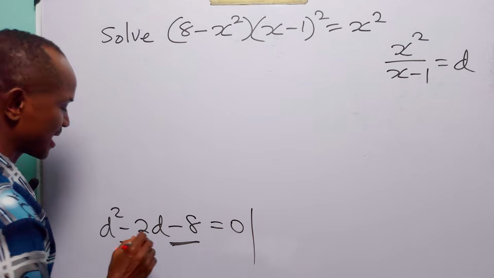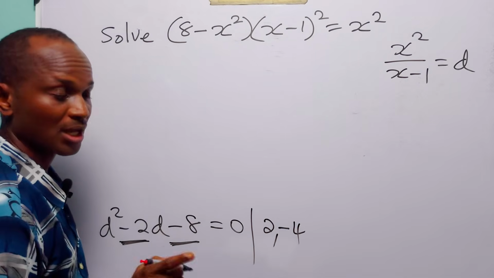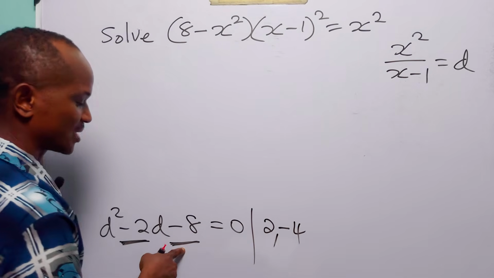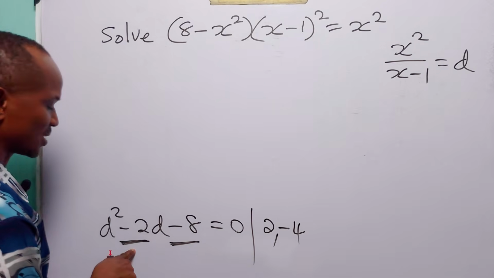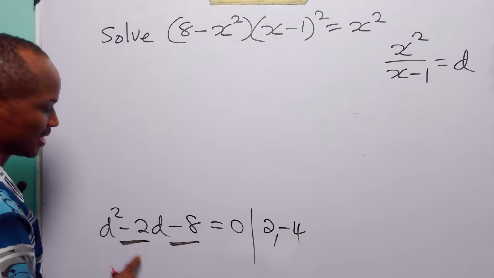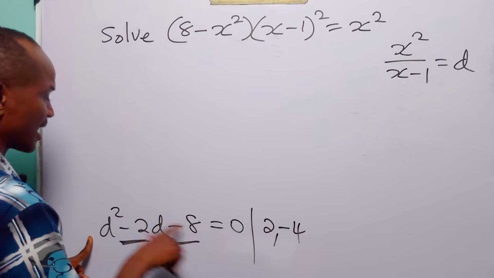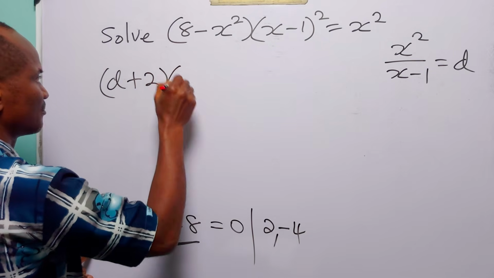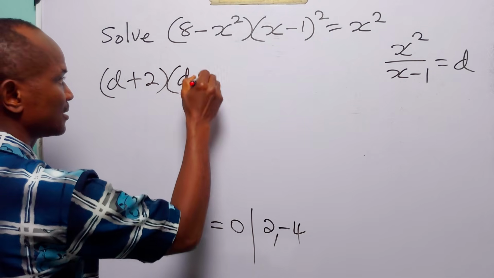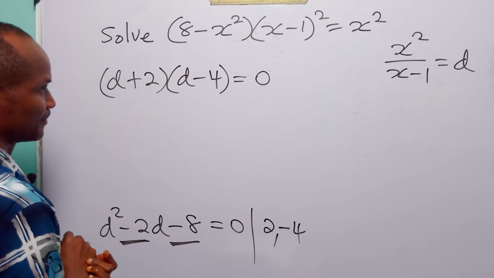And of course, we have 2 and -4, because 2 times -4 is going to give us -8, while 2 - 4 is equal to -2. So when we factorize the left-hand side of this quadratic equation, we have (d + 2) multiplied by (d - 4) is equal to 0.